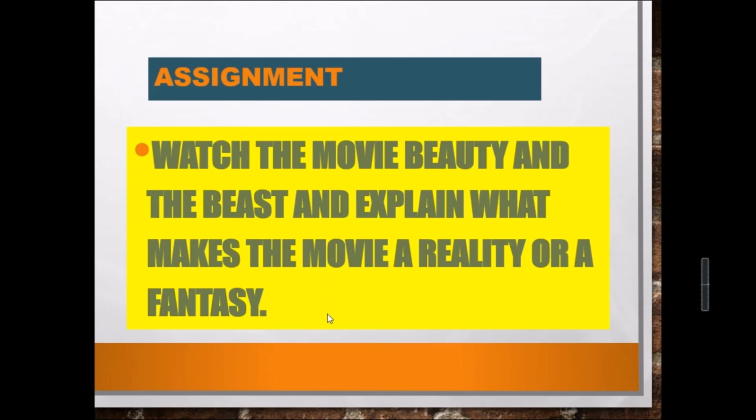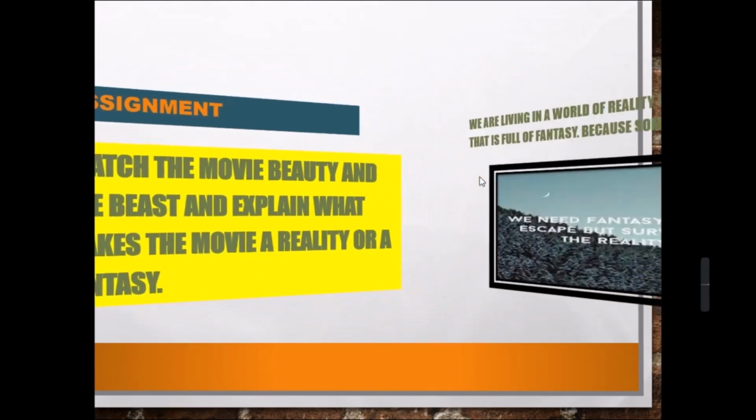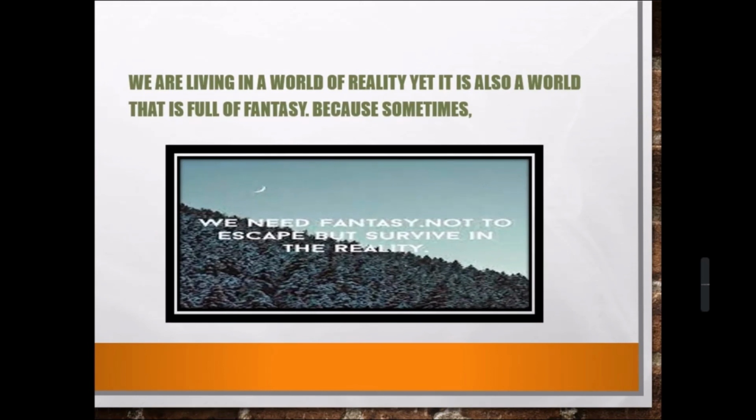And with that, I will leave you with this saying. We are living in a world of reality, yet it is also a world that is full of fantasy. Because sometimes we need fantasy not to escape, but to survive in reality. Do you know what it means?